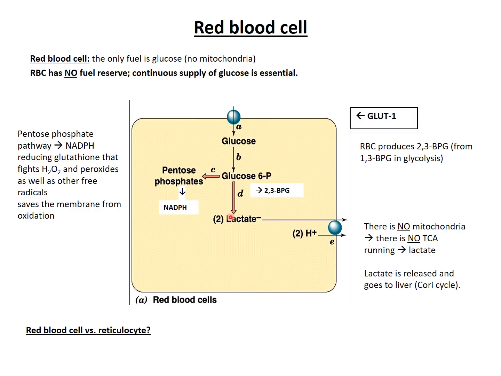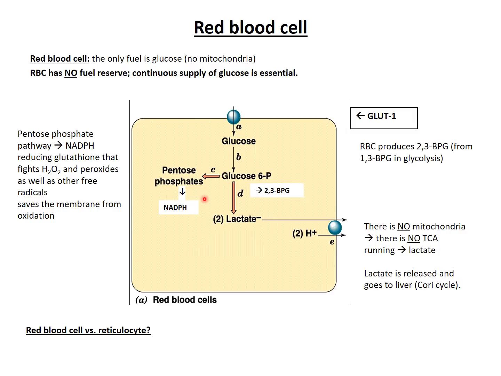So red blood cell is a constant glucose user and a constant lactate producer. You may recall that we talked about red blood cells, kind of a shunt in glycolysis that will produce 2,3-BPG, which is absolutely important for downloading oxygen from hemoglobin, which has thousands of copies in a single red blood cell.